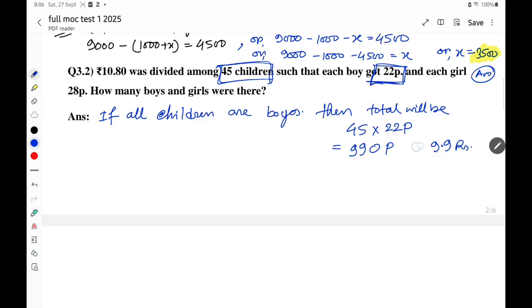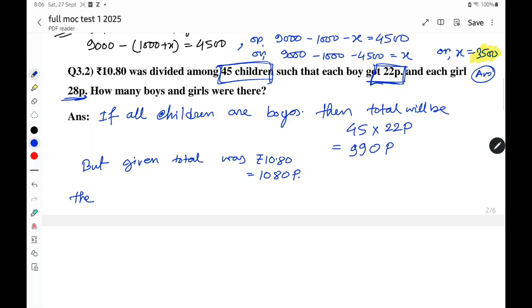Okay, let us do everything in paise. Given, the total was 1080, so that means this is 1080 paise. So we actually could not allocate all the rupees. Why? Because the girls get more paise, but we considered all are boys, so this is a decrease.